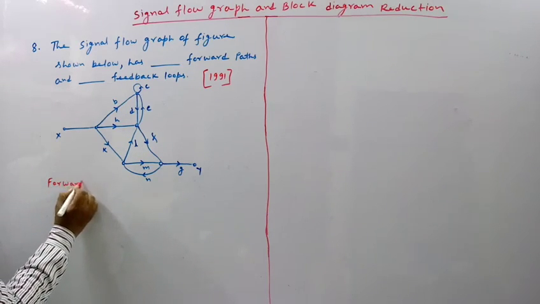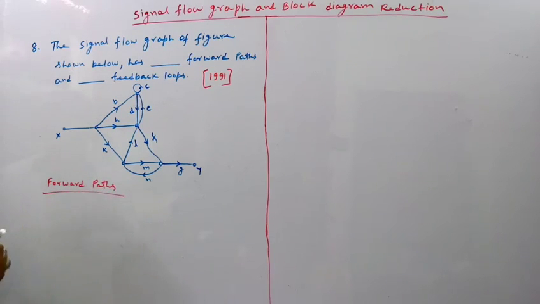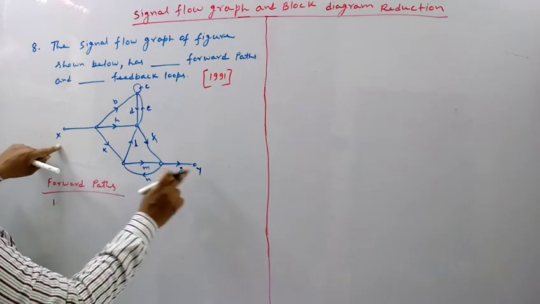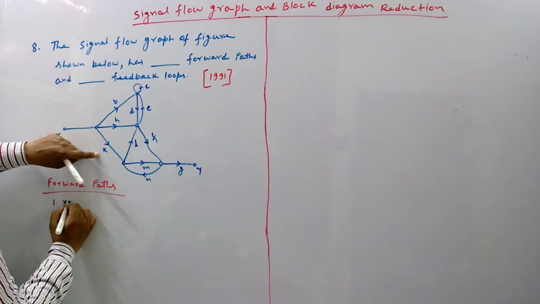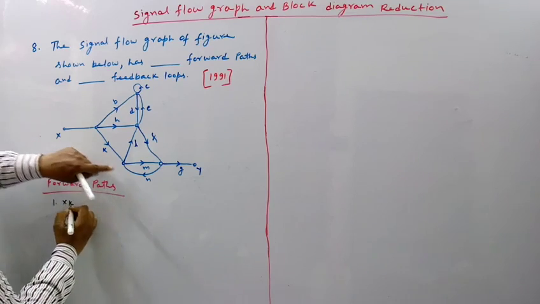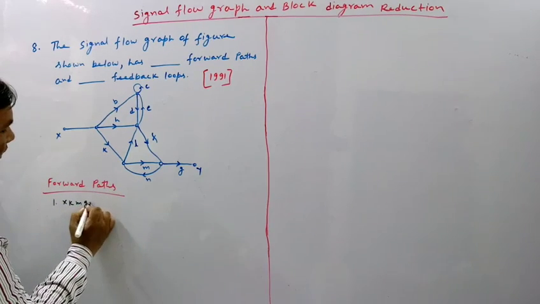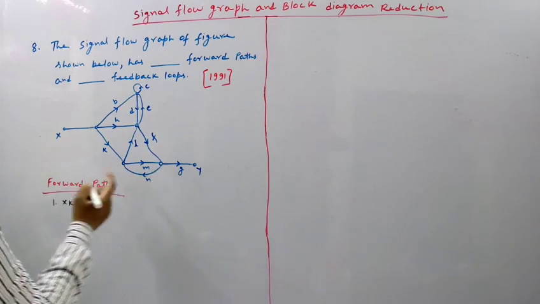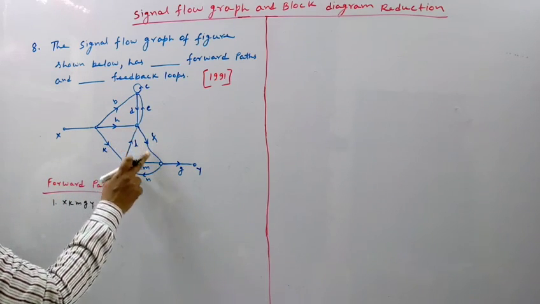Forward paths. So let us write first: x k m g y. This is the first forward path, x k m g y. The second forward path will be x k l f g y.